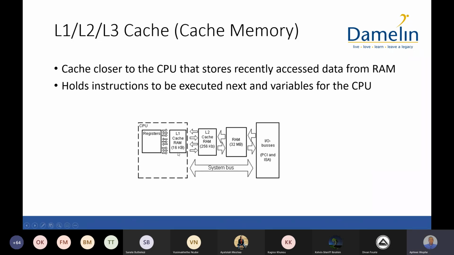Now, more modern computers would add an additional cache, which we call level 2 cache. However, the level 2 cache sits outside the CPU, somewhere between the RAM and the CPU.